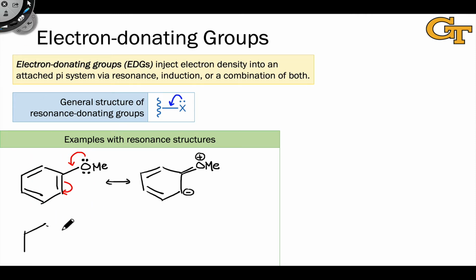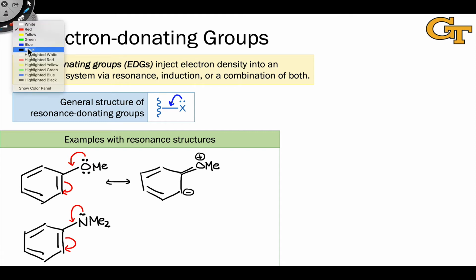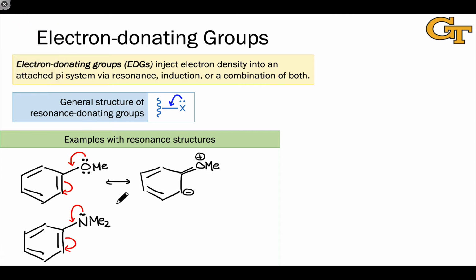Amines are among the most important resonance electron donating groups and are highly analogous to the ether oxygen in this respect. We again have a nitrogen here bearing a lone pair connected to a pi system, and so it fits our pattern of a resonance donating group. And just like the ether oxygen, the amine nitrogen can donate its electron density into the ring like this. This places negative charge inside the ring, indicating that an electron donation to the pi system is going on.